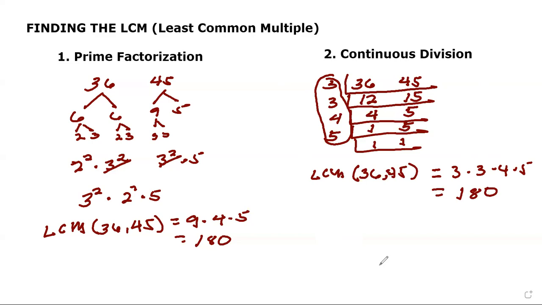Let's clear everything first. Suppose our numbers are 20, 45, and let's say 60. By prime factorization, again, 20 is 4 times 5, 45 is 9 times 5, and 60 is 12 times 5.